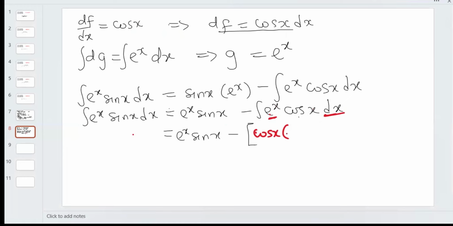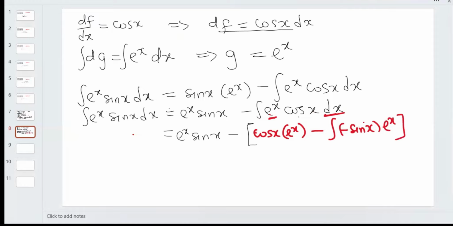If I integrate that, I'm going to get exponential x minus the integral of, then what will this guy be? If I differentiate this guy, I'm going to get minus sine x and then exponential x.